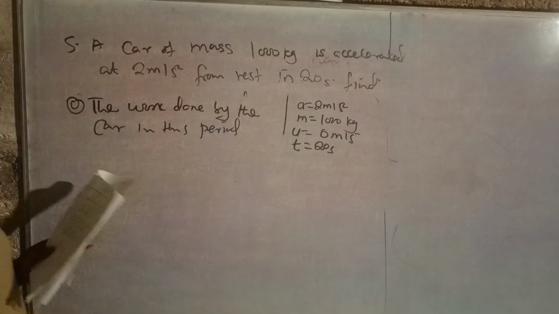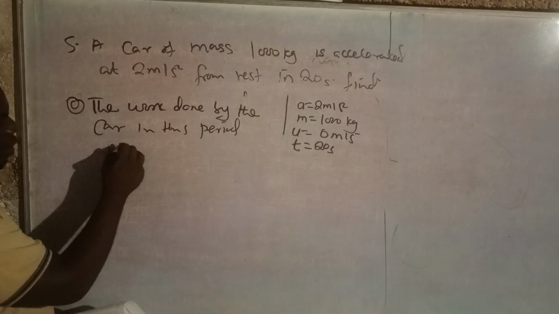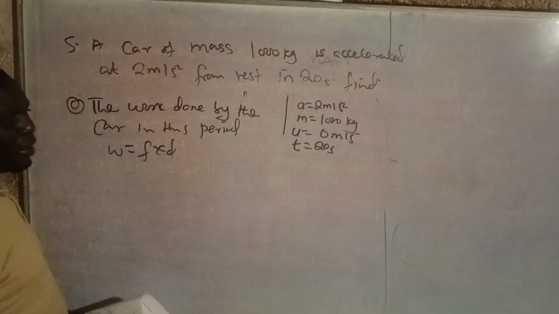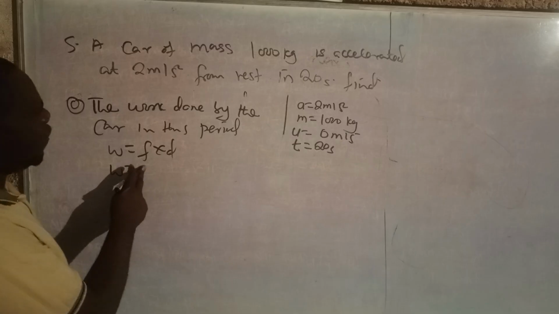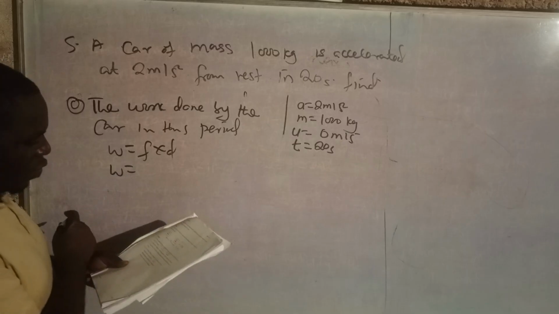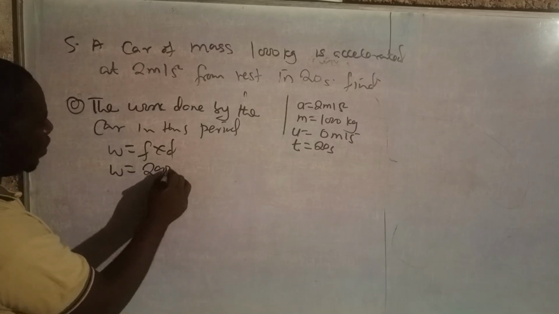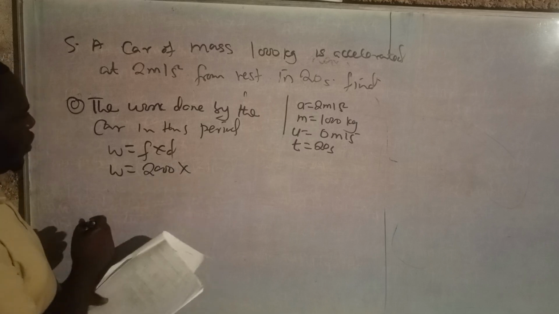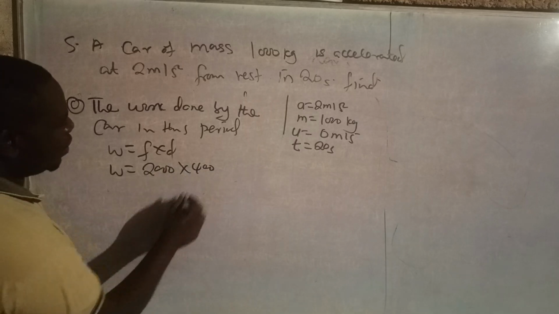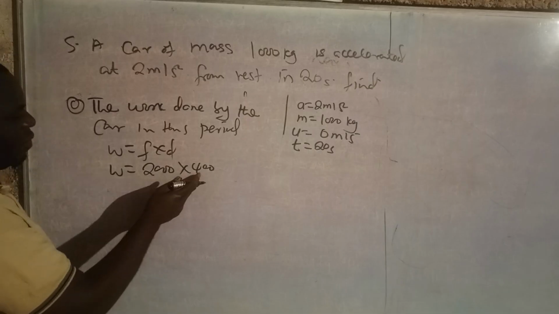So they want us to find the work. We know that work is equal to force times distance. So work is equal to the force we found in question A, which was 2,000, times the distance we calculated, which is 400.